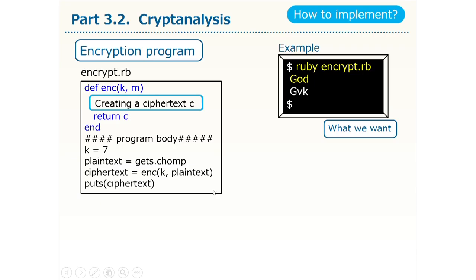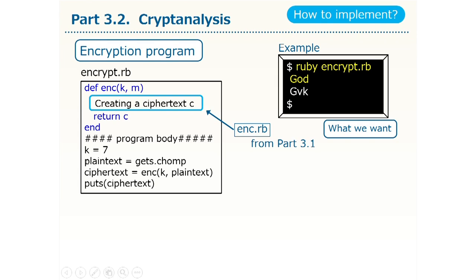Here is the outline of the program. In this program, we first define the encryption function, enc, as a subroutine. Recall that we created the program enc.rb for doing this task, so we can use this program here. Once subroutine enc is defined, the main program is rather simple. First, we will decide what k is. This is determined between sender A and receiver B in secret and specified in the program.